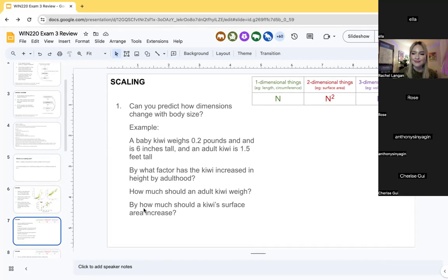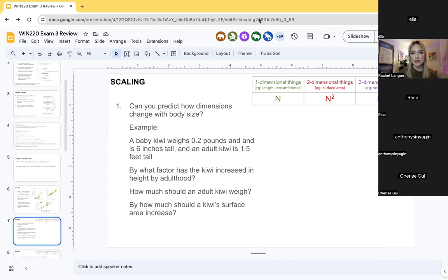Okay, thank you. Quick question. You said it's 0.2 times 3 cubed, right? Yeah. Okay, thank you. So you should get 5.4. And then it says, by how much should a kiwi's surface area increase?